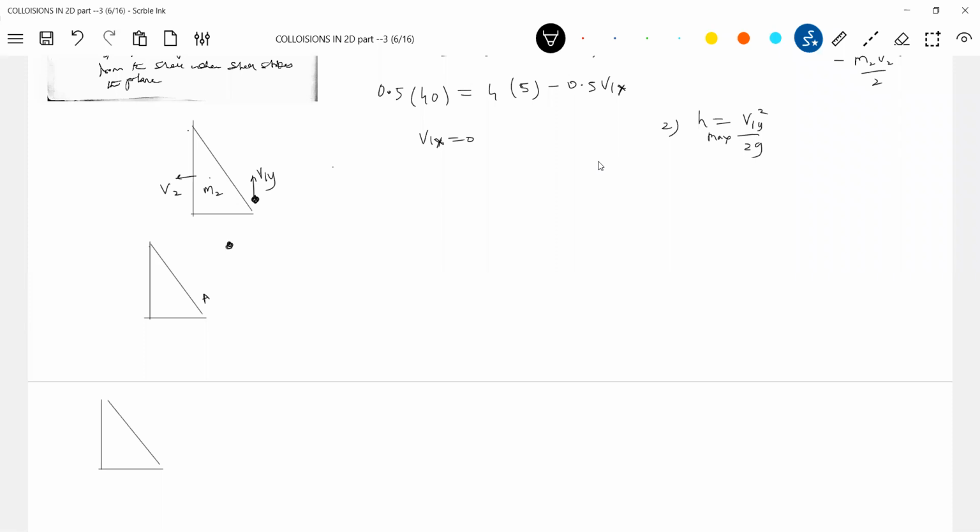It will ascend a certain height, and finally it will descend back. Problems like this are very important. Okay, got it now. The shell will come back and rebound, and it will attain some maximum height.